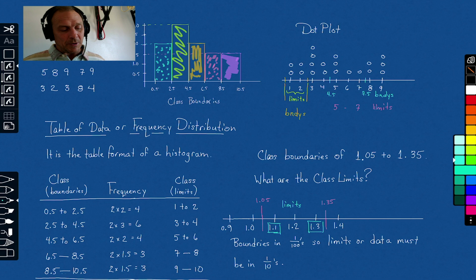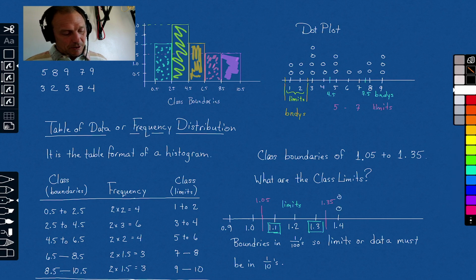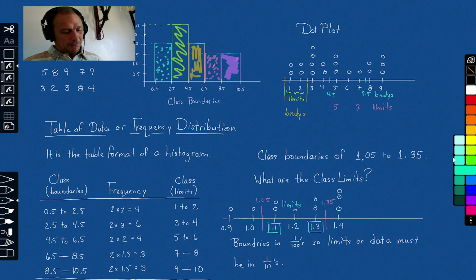But if 1.05 and 1.35 are boundaries, there are no dots outside them. The next dots would occur maybe over 1.4. Okay, so the limits, you could also say class limits, are 1.1 to 1.3.